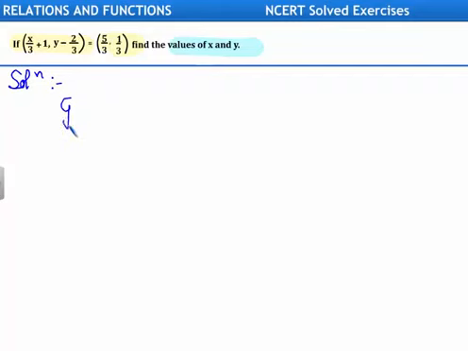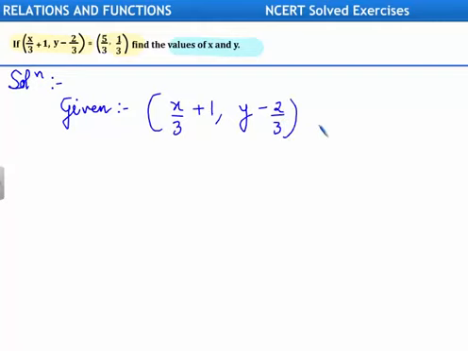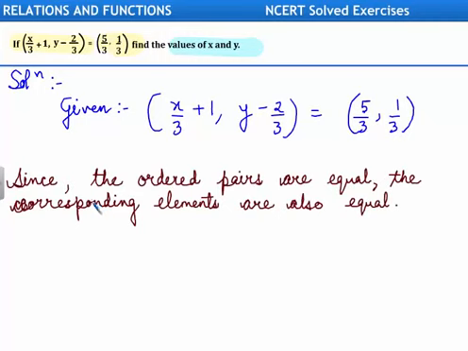It is given (x/3 + 1, y - 2/3) = (5/3, 1/3). Since the ordered pairs are equal, the corresponding elements are also equal.